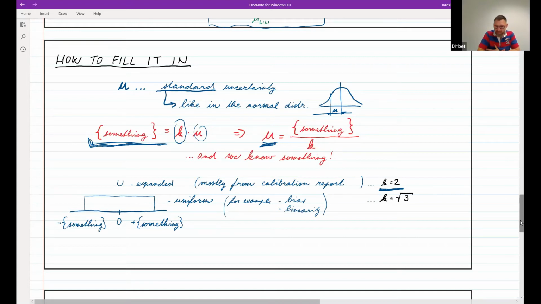And it is as simple as that, because if you want to approximate in a series of calculation the uniform distribution by a normal, then K equals square root of 3 is the exact ratio between the standard uncertainty of that normal distribution and half of the width of the uniform distribution. Keep in mind that this is half.